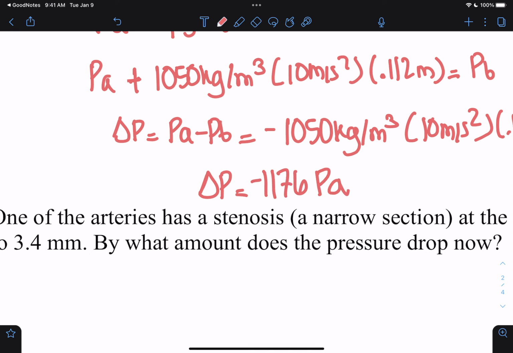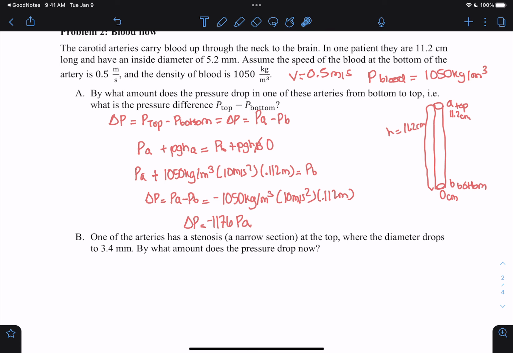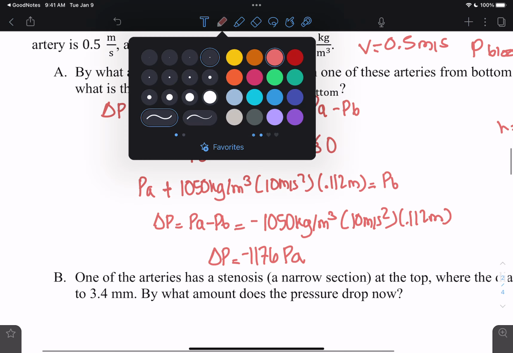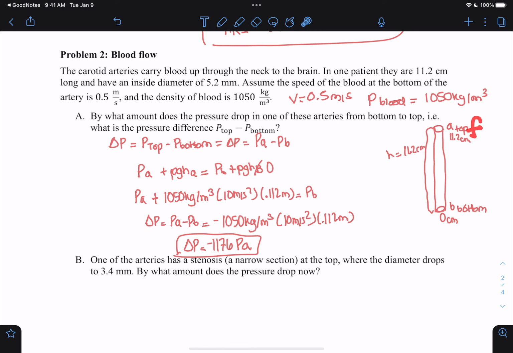So the pressure dropped by 1,176 pascals. Yep, negative 1,176. So that's your pressure drop from bottom to top. Think of top there being like your final position. This is your initial, right?